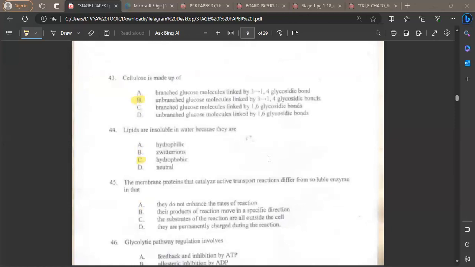Cellulose is made up of branched glucose molecules linked by, I think this was supposed to be a beta 1,4-glycosidic bond, unbranched glucose molecules linked by beta 1,4-glycosidic, branched glucose molecules linked by 1,6, and unbranched glucose molecules 1,6.